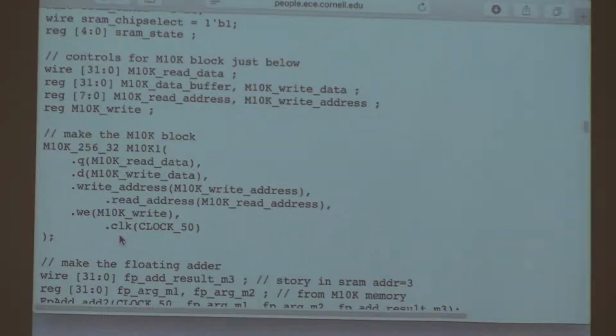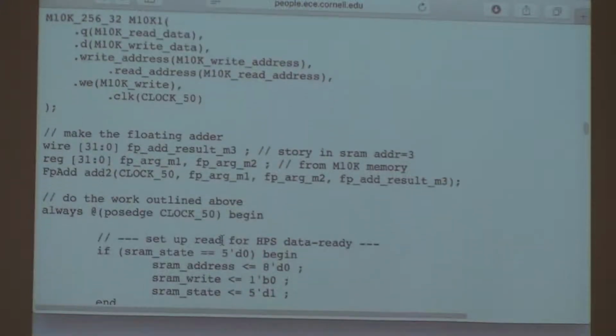And then you instantiate the M10K block in the most obvious fashion, connecting up the data lines and the clock line and the read and write address line. Then I had to instantiate a floating point adder, so there's a couple of arguments. It takes a clock, the two arguments as inputs, puts out a result, and I marked these memory 1, memory 2, and memory 3 so I could remember where they were going.